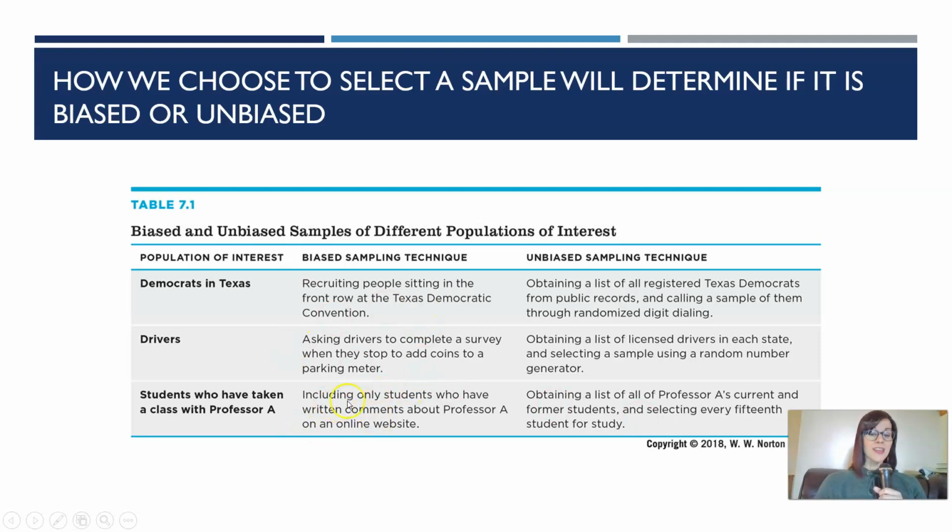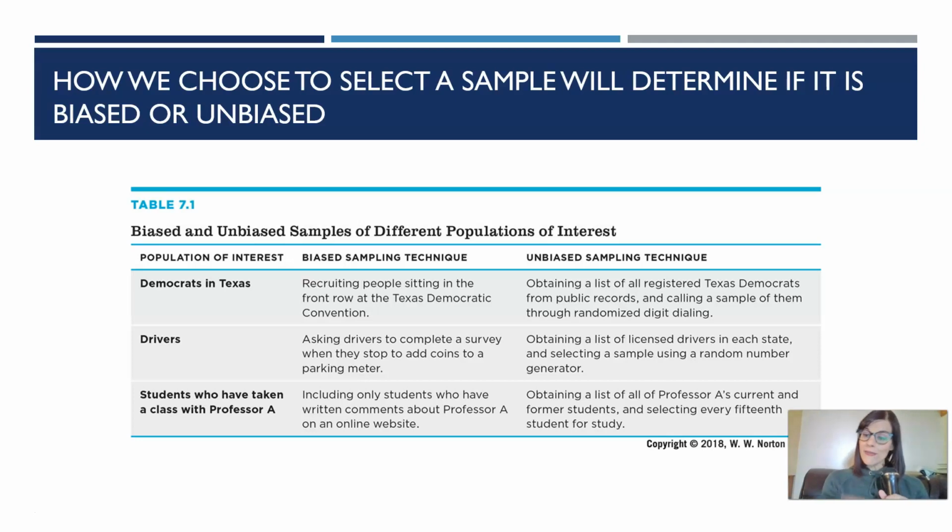On the other hand, let's go to something like Rate My Professor and only include students who have written comments about Professor A. Generally, when you go to websites like Yelp or Rate My Professor, this is a self-selected sample, and typically people who write reviews online are writing them because they either really love it or really don't like it.